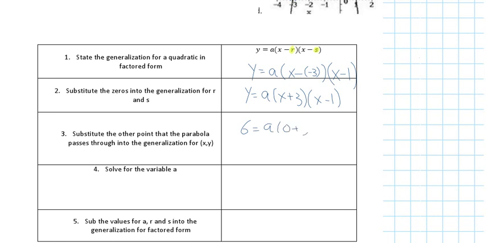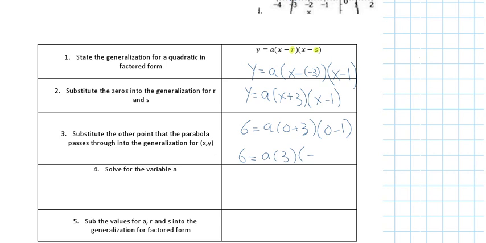Could I pick any other point that's clear on the graph? Yes. Any other point that's clear on the graph, I can pick it as long as it's not the x-intercept. And then I'm going to solve for a. So this is going to be a times 3 times negative 1.